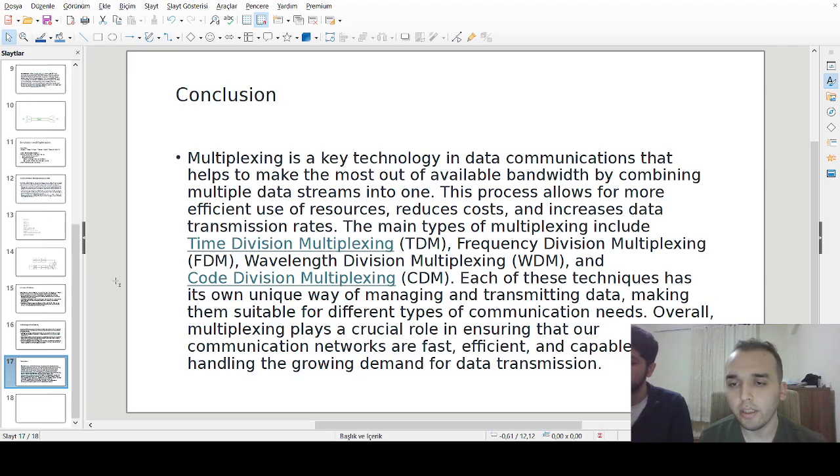Each of these techniques has its own unique way of managing and transmitting data, making them suitable for different types of communications needs. Overall, multiplexing plays a crucial role in assuring that our communications networks are fast, efficient, and capable of handling the growing demand for data transmission.